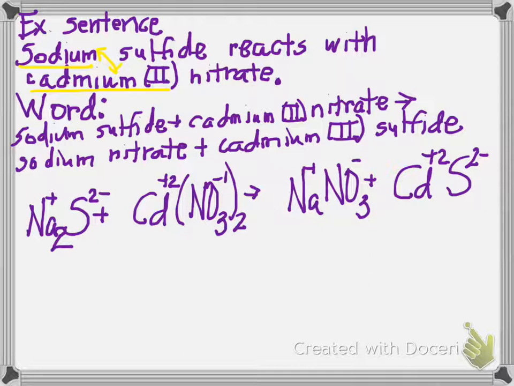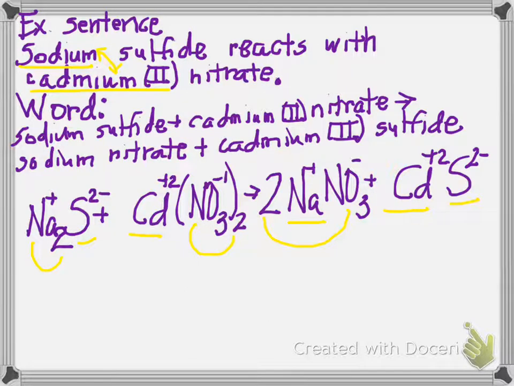So I currently have my skeleton equation. Now I'm ready to balance. I have 2 sodiums here. I have 1 sodium, so I need a coefficient of 2. I have 1 sulfur, I have 1 sulfur. That's fine. 1 cadmium, I have 1 cadmium. That's fine. I have 2 nitrates and I have 2 nitrates. So I think it's balanced.